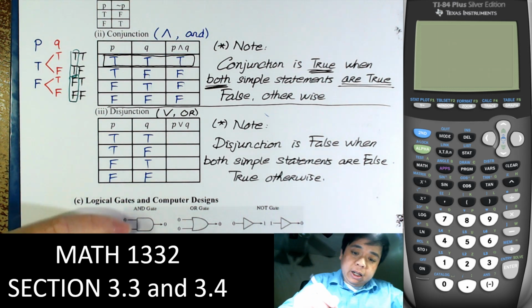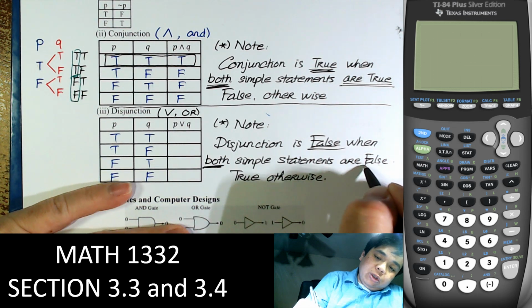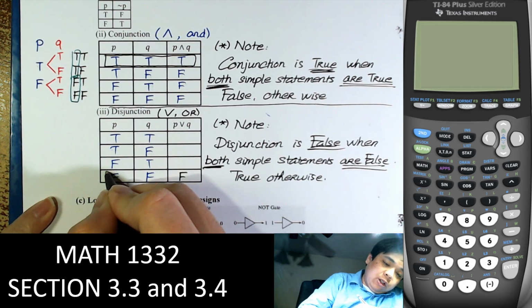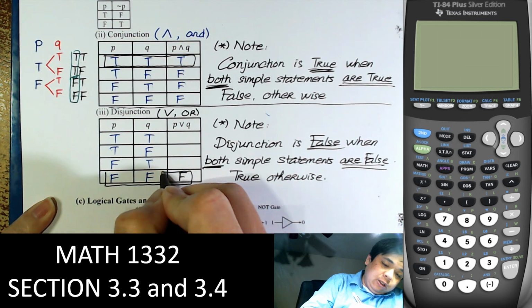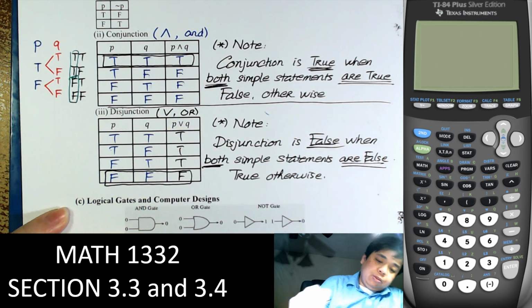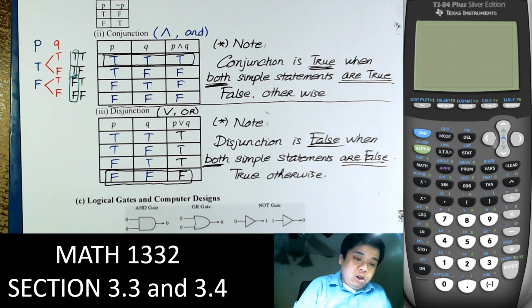So once again, this is false when both are false. Focus on this. Everything else is true. Right, so that is disjunction.